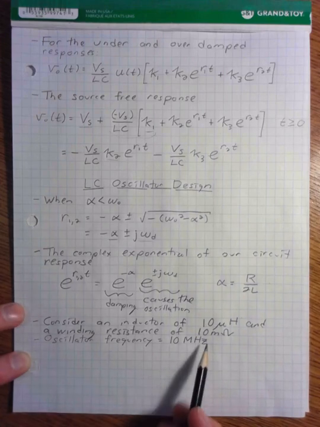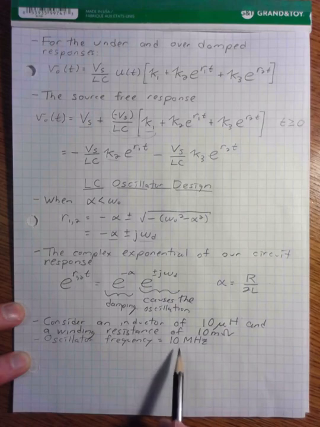So we know the value of our resistance, we know the value of our inductance, we know our oscillation frequency. Now we need to solve for the capacitor that will give us our oscillation.